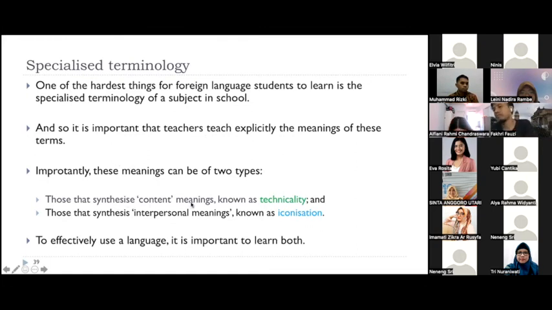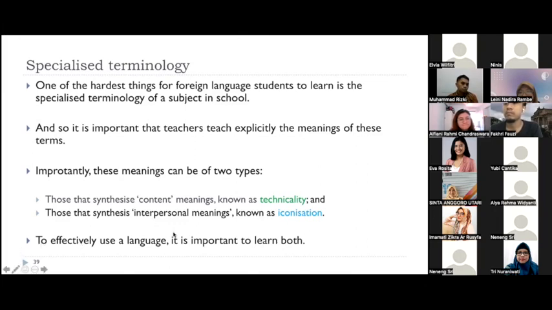Those that synthesize content meanings, known as technicality, and those that synthesize interpersonal meanings, known as iconization. And to unpack them and make these meanings explicit, there are a set of different types of meaning: classification, composition, activity, property, or opposition, likening, support or reject, or sourcing that we can use.